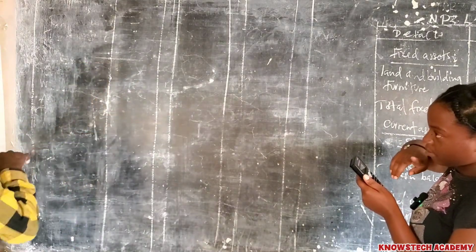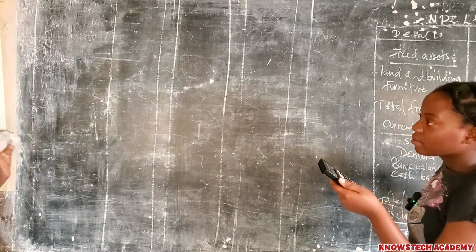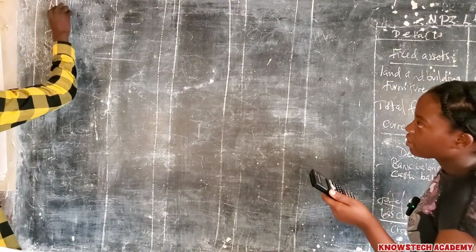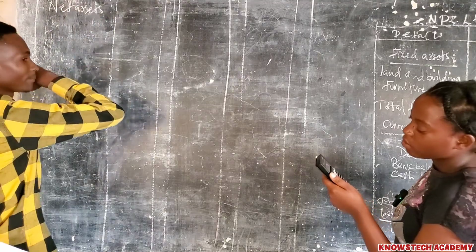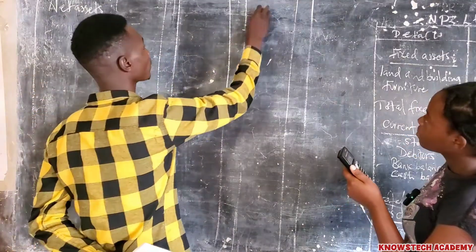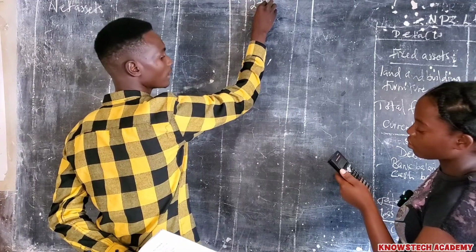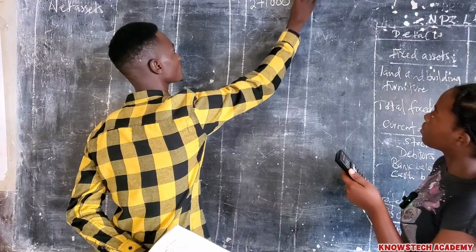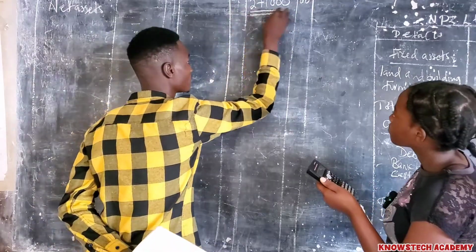So when you add total fixed assets and working capital, we're going to have net assets. How much are the net assets? 271,000, in the last column, right? Yes. Okay, so then let's close up this.